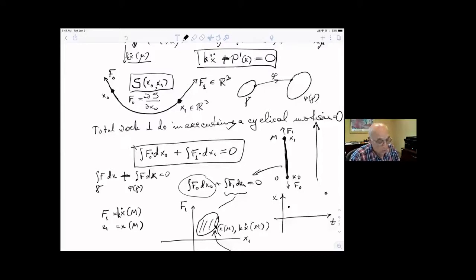We have two endpoints, just like we did here, and we were looking for the minimizing curve. It's the same thing, right? Here we also have two points, and we have a minimizing curve, and the integral over this curve is given also by S, which is the integral of L dt, right?